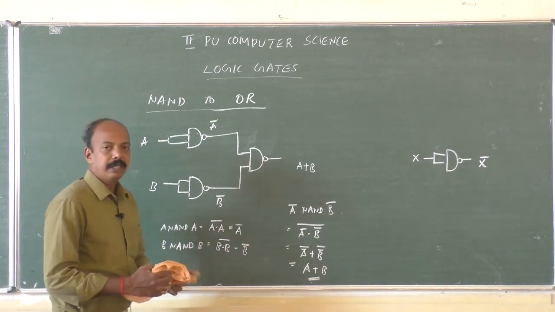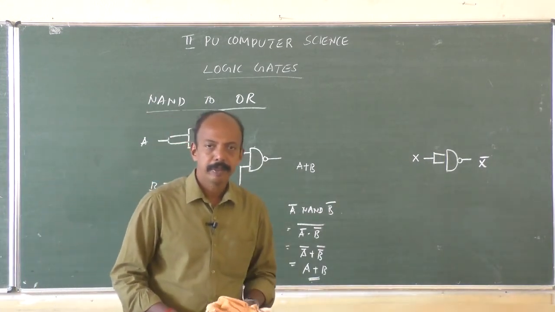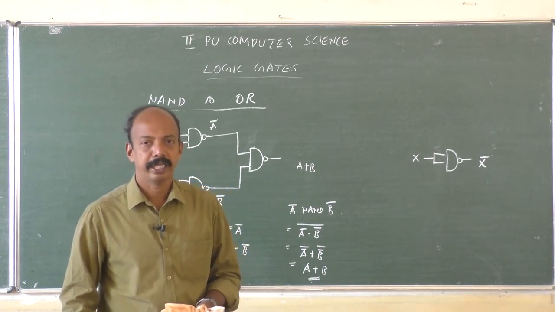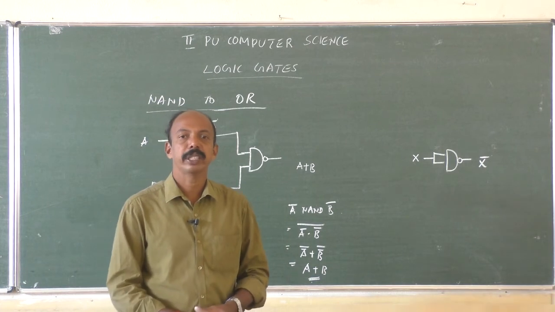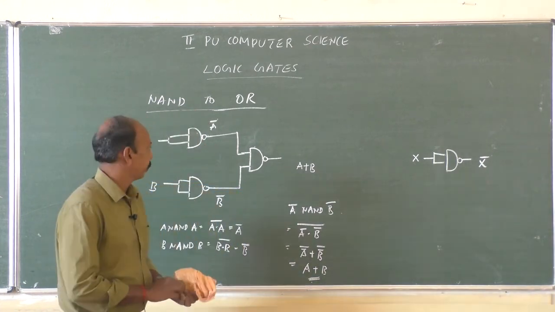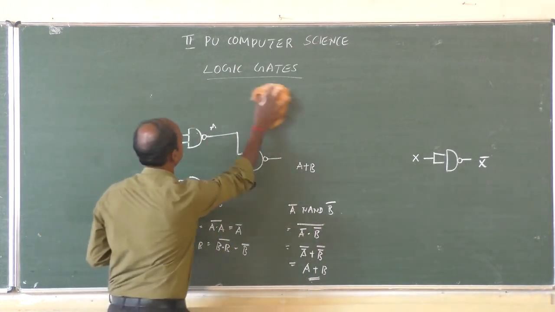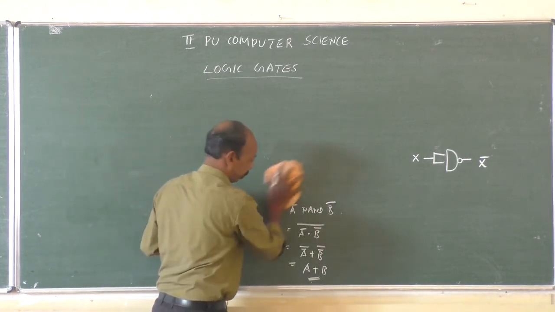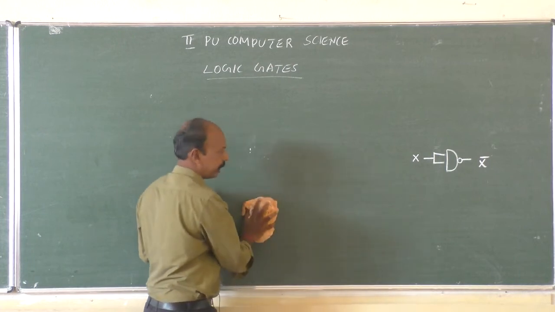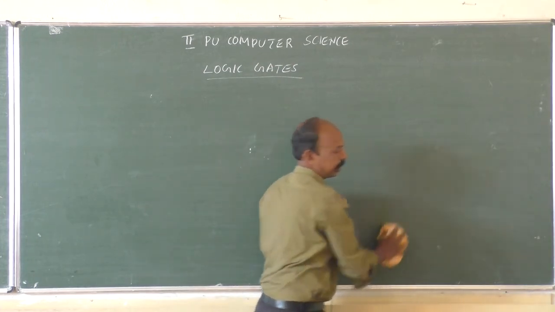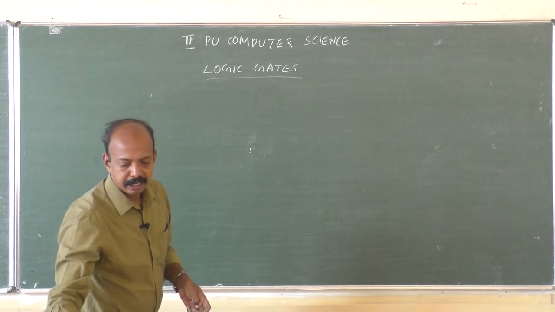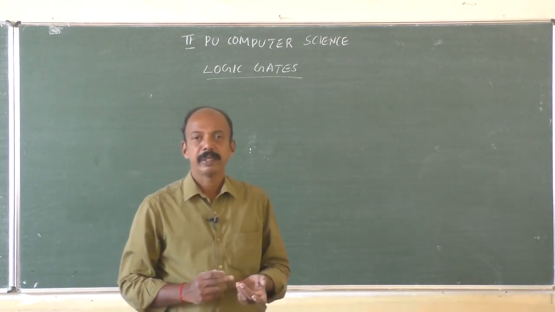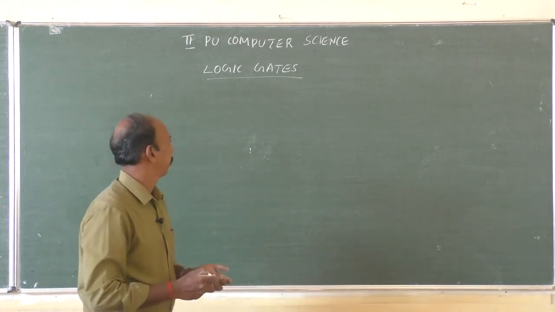Similarly, we have to derive NOT, OR and NAND from the NOR gate in order to say that the NOR gate is also a universal gate. We shall do that. Whenever we are proving these results, we have to take the help of Boolean theorems, especially De Morgan's theorem, involution, as well as the idempotency theorem.